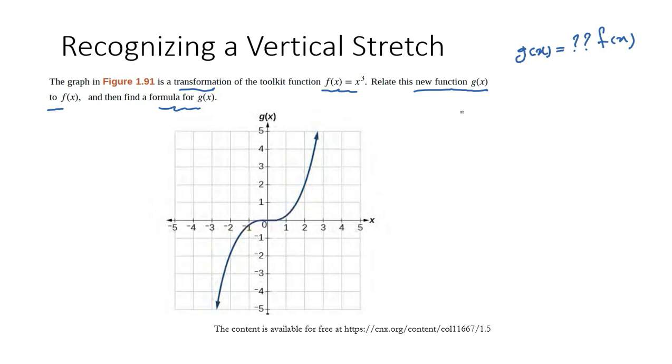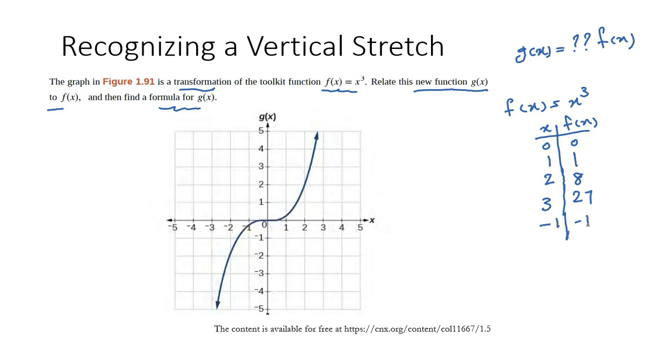So f of x is equal to x to the third. X, f of x: 0 and 0, 1 and 1, 2 and 8, 3 and 27, negative 1 and negative 1.